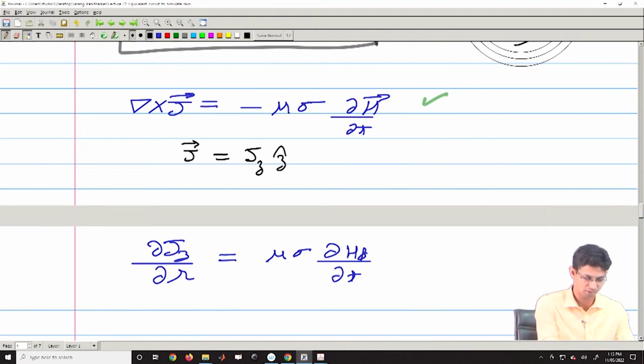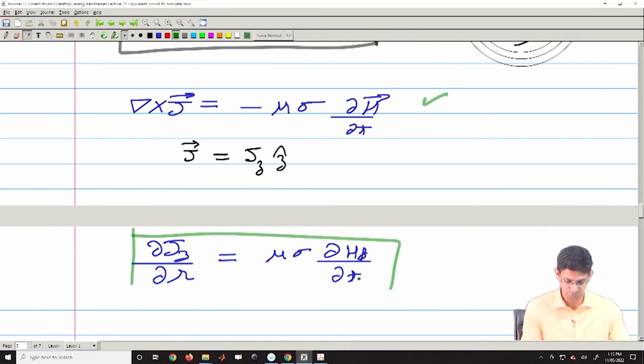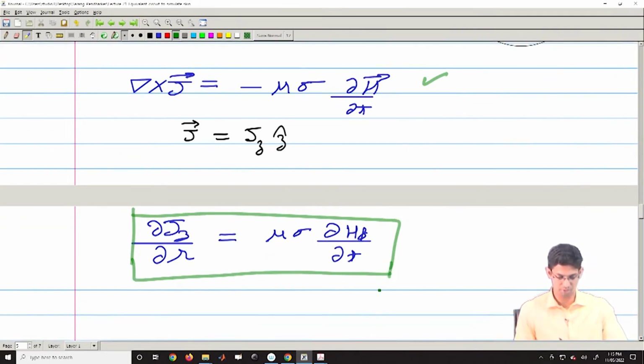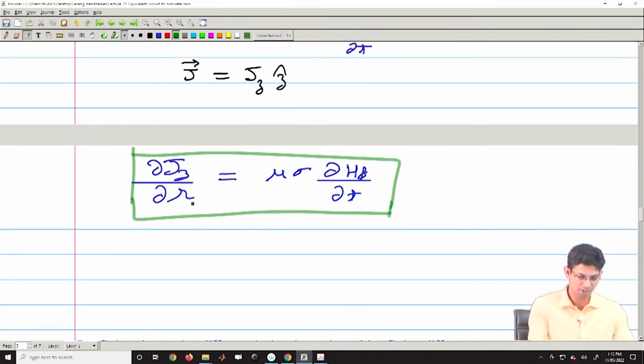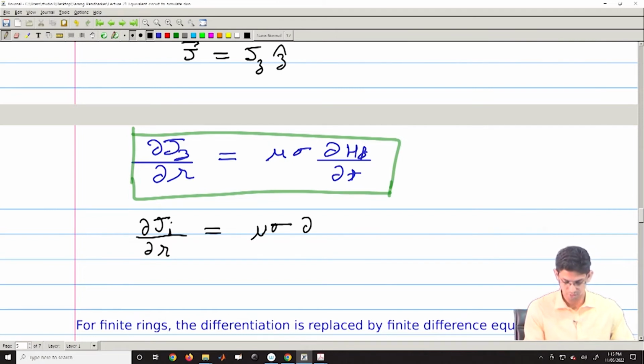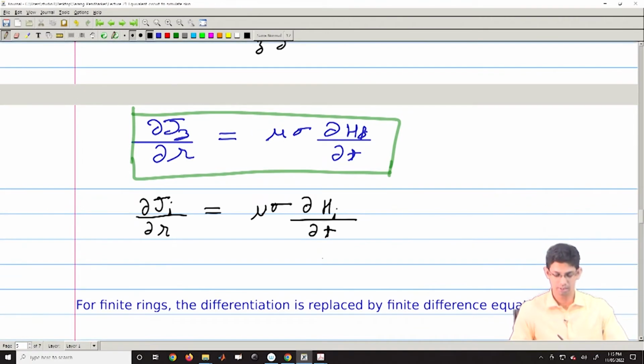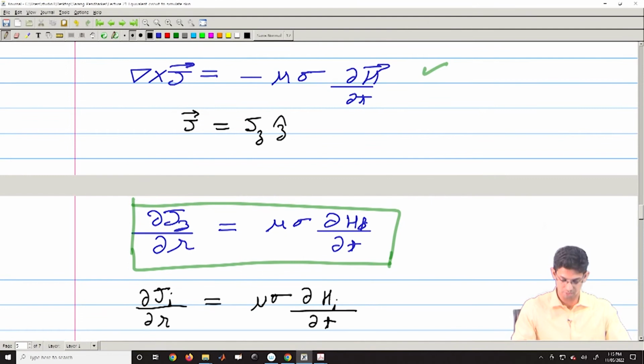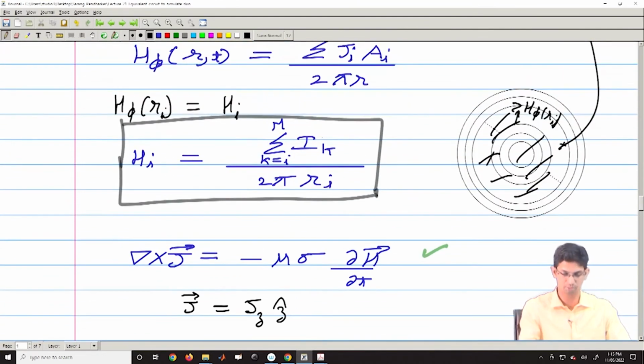So, finally, the second equation will be this. What I have to do is discretize this equation now. This is a function of r. So, I will have del J by del r equal to del Hi by del t, and del Hi by del t is given by this, right.